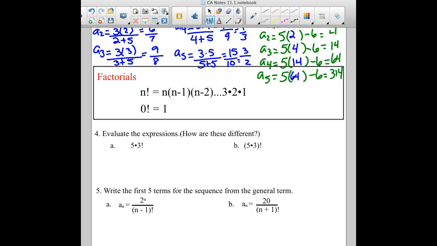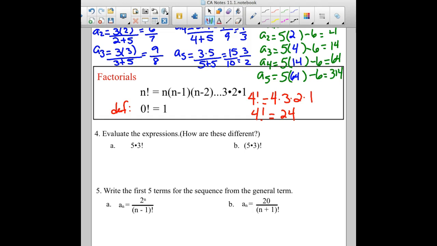So for example, if I said to take 4 factorial, that means start with your 4 and times by every number, subtracting 1 until you get down to a 1. So 4 factorial, 4 times 3 is 12, 12 times 2 is 24. By definition, 0 factorial is 1.